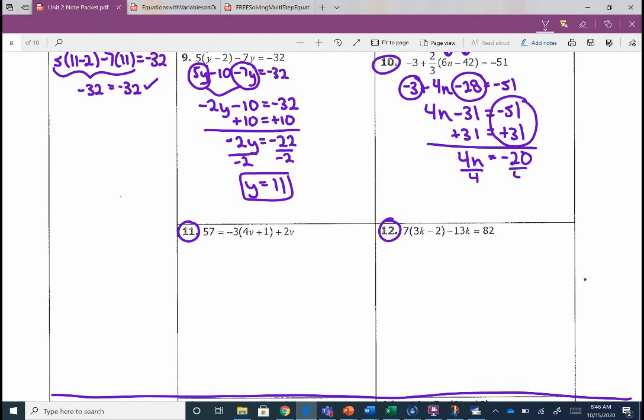Divide by 4. And again, we have to be careful. Negative 20 divided by 4. You guys have your calculators. Most of you are using them every step of the way, and that's great. Make sure you've got the signs in there, though. Negative 20 divided by 4, I should get negative 5.